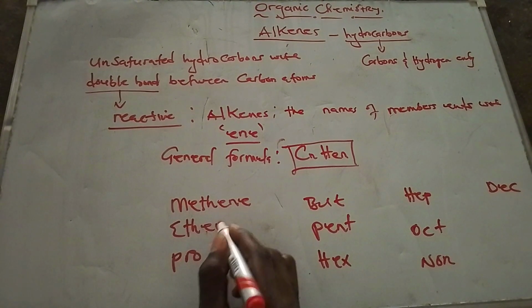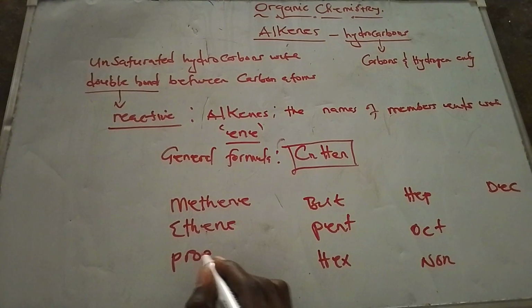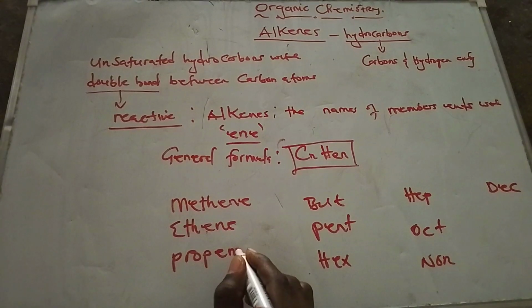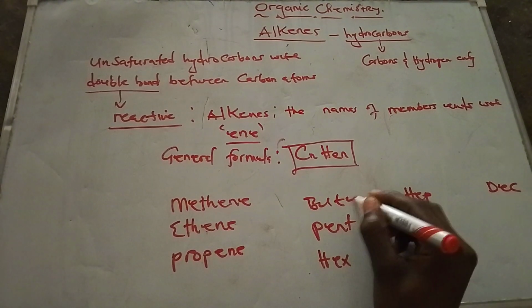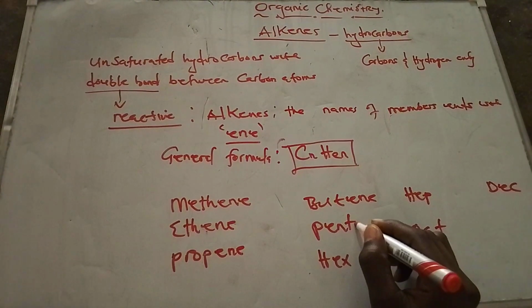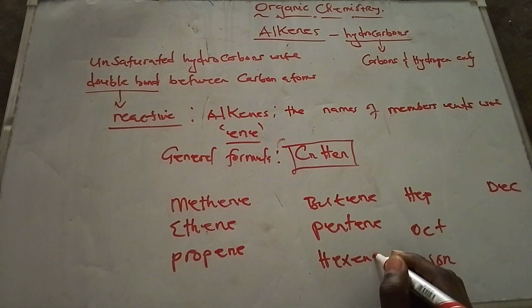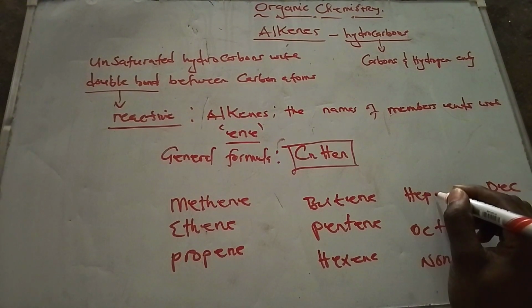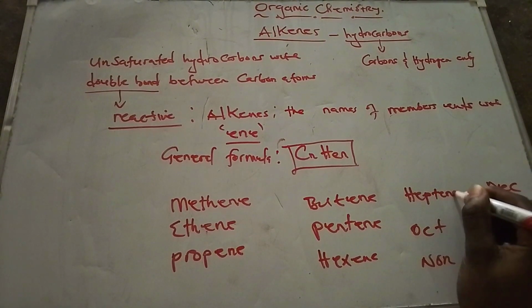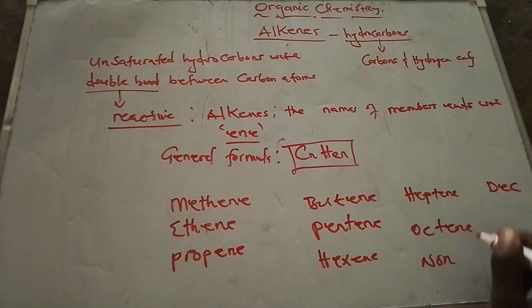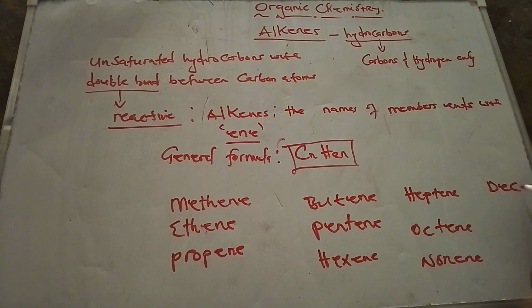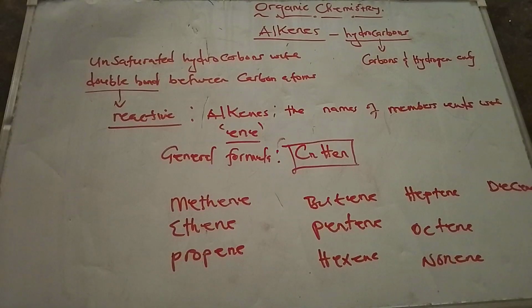So ENE, this is prop, so propene, just like this. These are the names of the members under alkenes. So heptene, octene, and so on. These are the 10 members of this family.